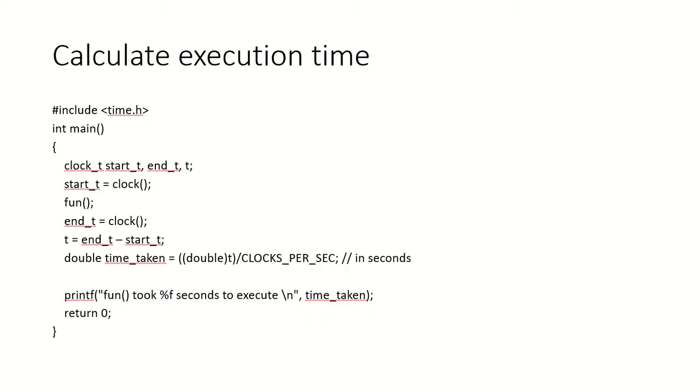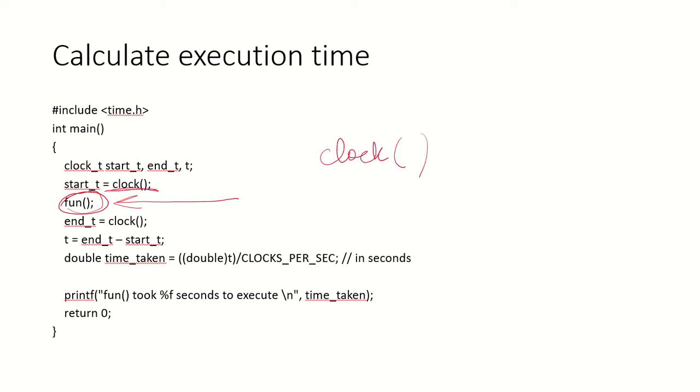Here, if you see, this is a way of doing this. If we have a program, some function for which we have to compute the time required to execute, we use a library function called clock.